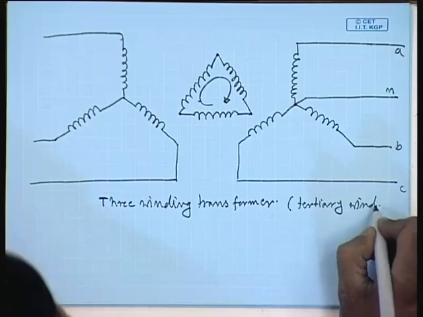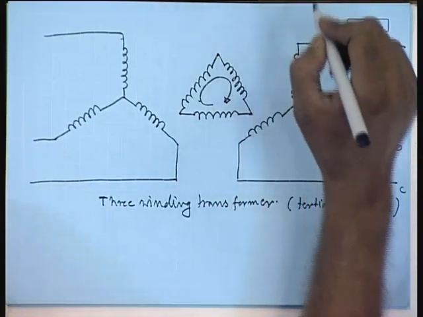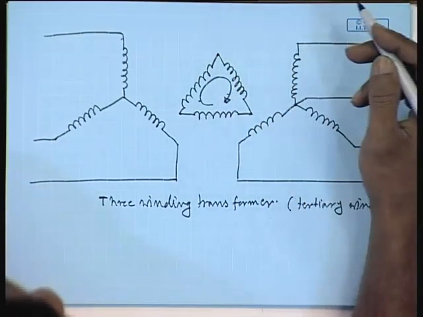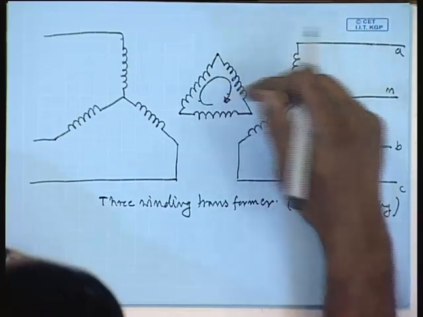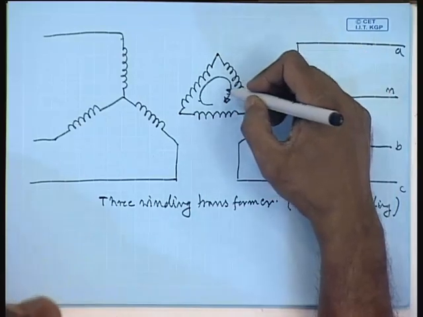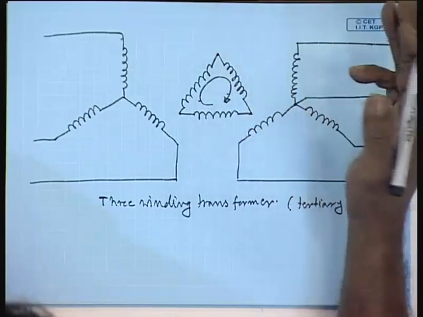Sometimes it is also called the stabilizing winding, particularly when the purpose of this is to provide a path for the co-phasor current. This is called a stabilizing winding. However, it is not essential that this third winding be used only for stabilization purposes. It can be used for other purposes.